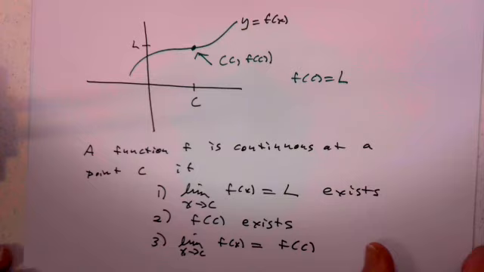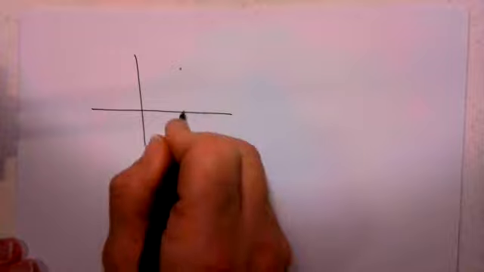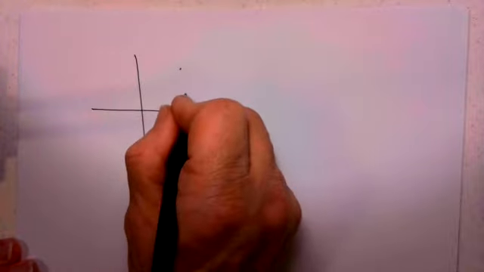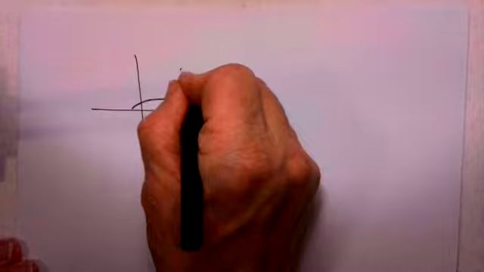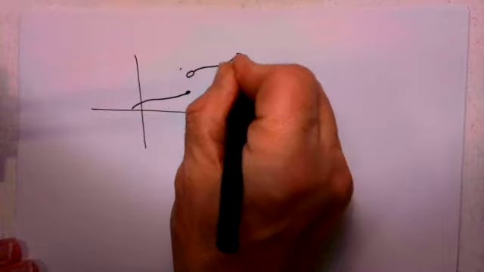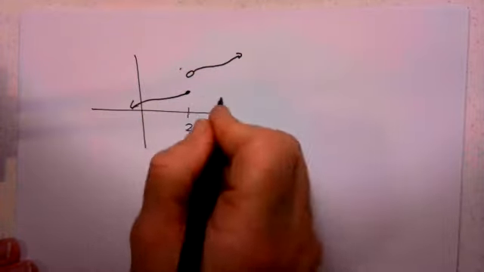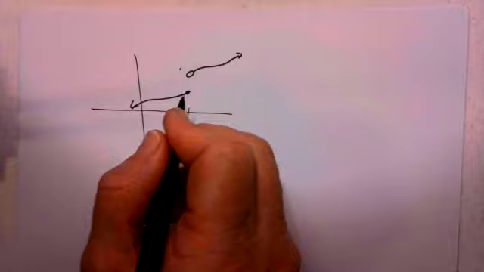So let's look at some cases. What if the limit doesn't exist? What kind of a situation would that be? What kind of a discontinuity would we have where the limit doesn't exist? As we approach, let's just call it 2 this time, you can see that those numbers are not the same.